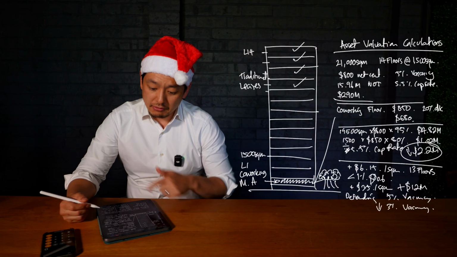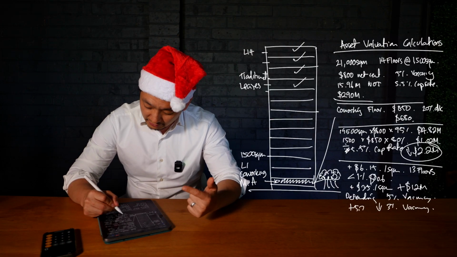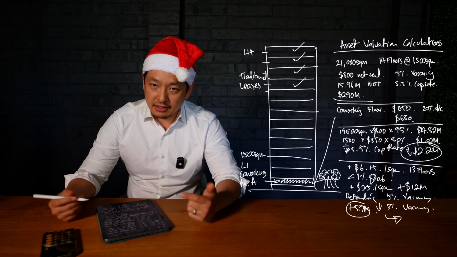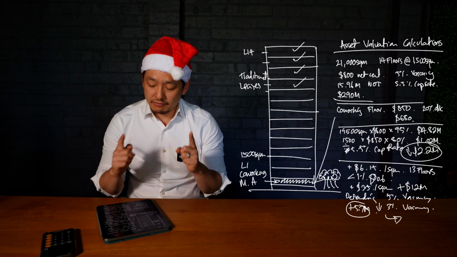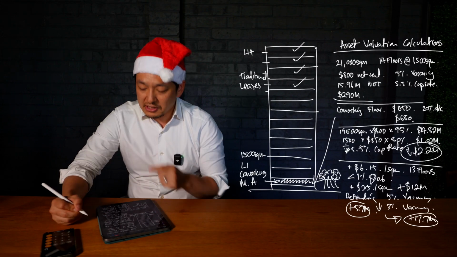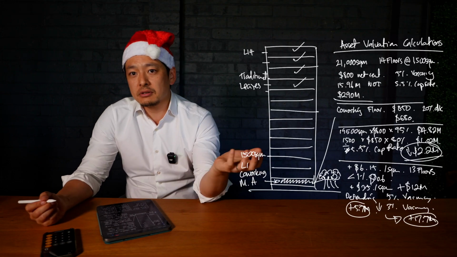If you reduce that vacancy rate, even when you apply that value across the whole building with the cap rate, that's plus 5.7 million. So you see where I'm going with this. By putting in the co-working management agreement floor, if it's designed correctly, your asset value is actually plus 17.7 million instead of a loss of the 2.2 million.